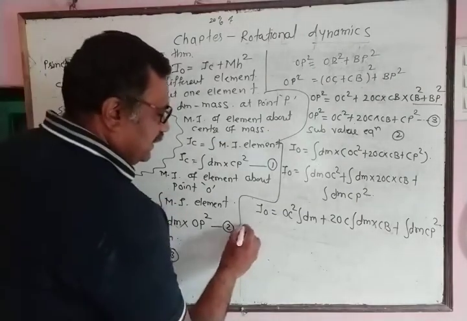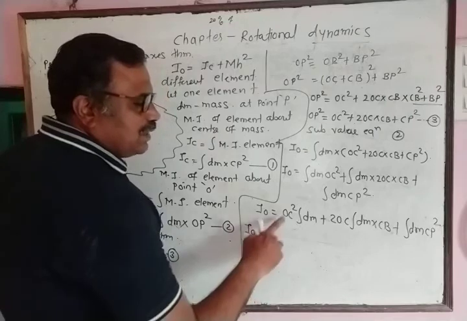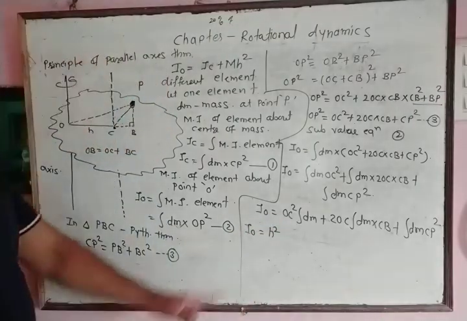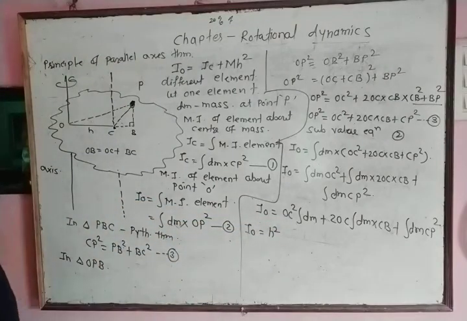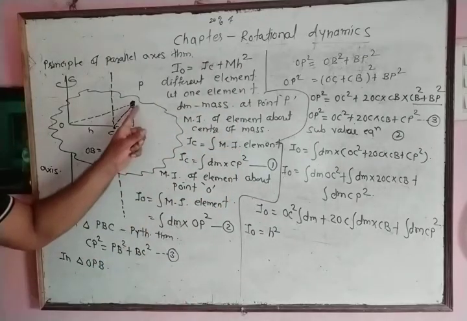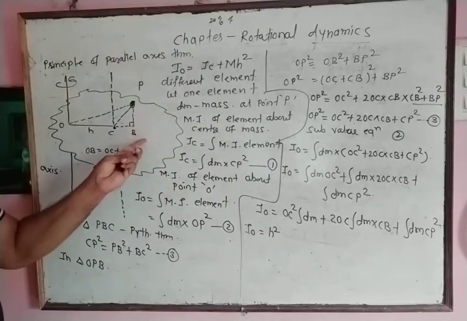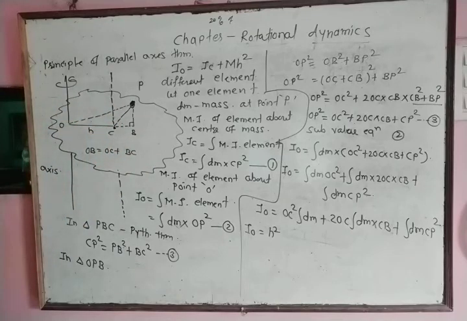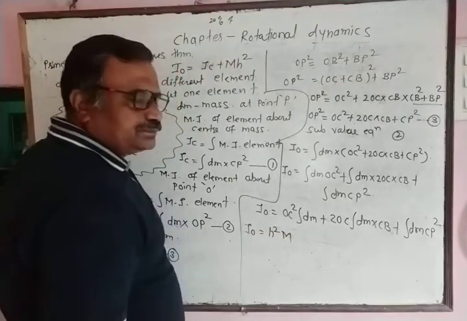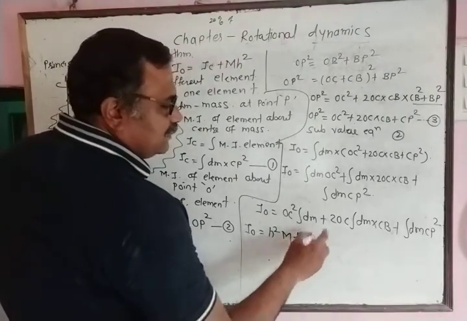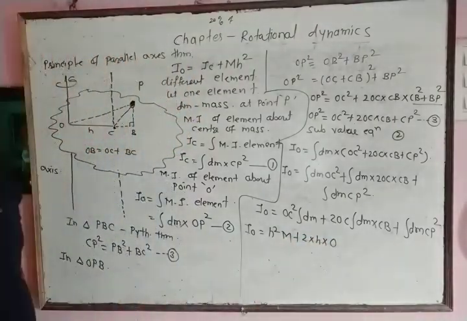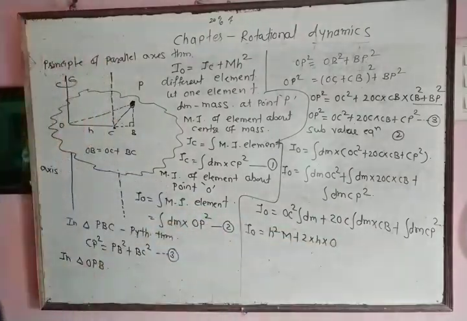Here we get IO is equal to h square into the integration of dm. dm is the mass of one element. Therefore, the integration of dm will represent the total mass of the rigid body, and the total mass of the rigid body is denoted by M, suppose, plus 2 times h into the integration of dm into CB.